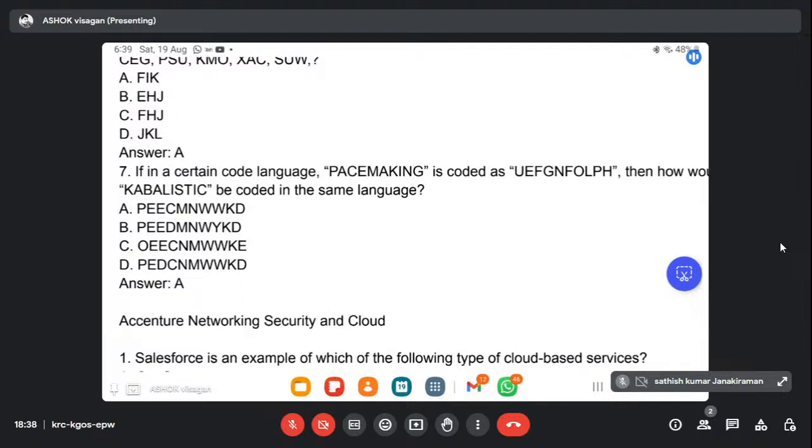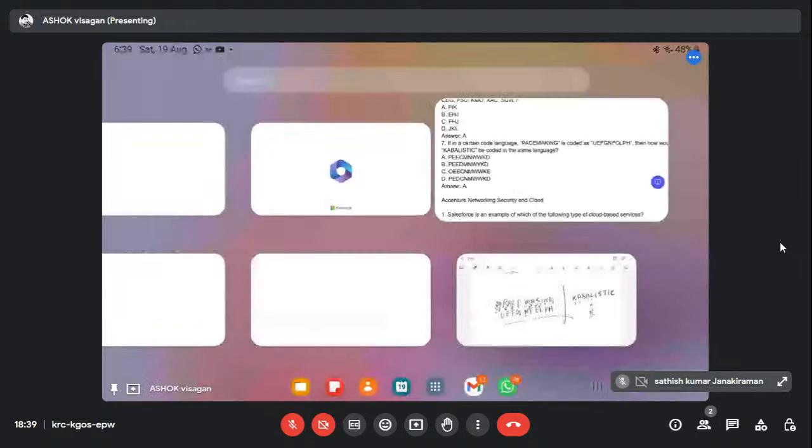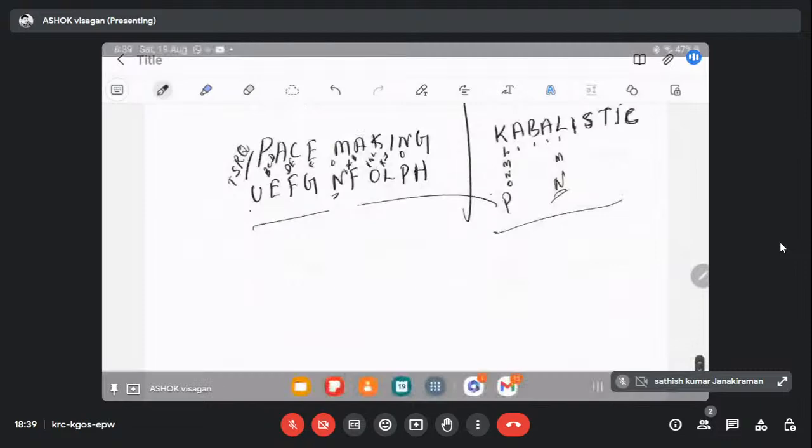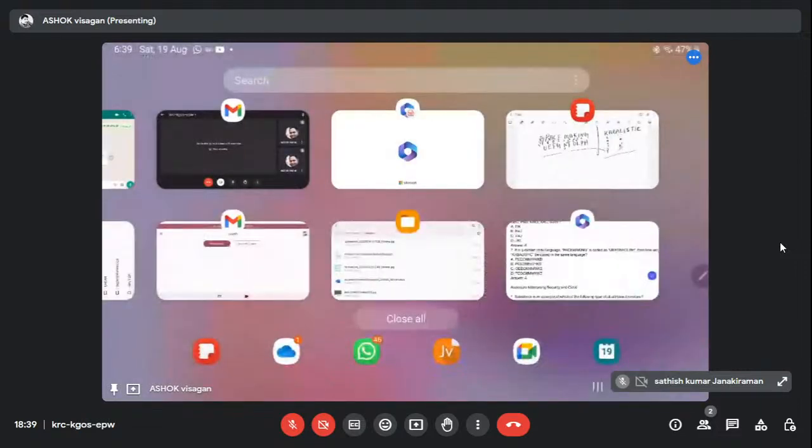Now let's find out the difference between C and D. First letter. We just find out the first letter. K, L, M, N, O. The first letter is obviously P. And here the answer is obviously the fourth one.